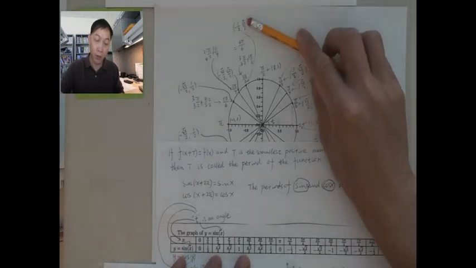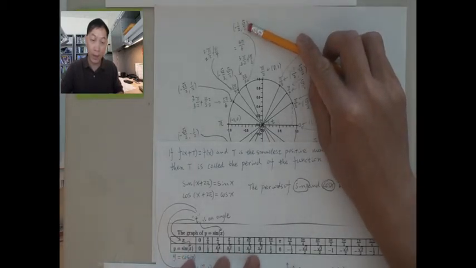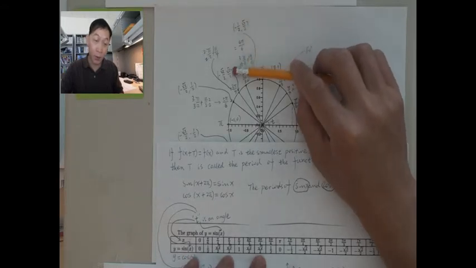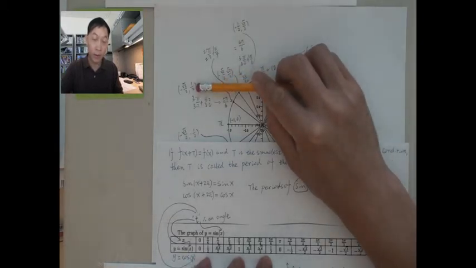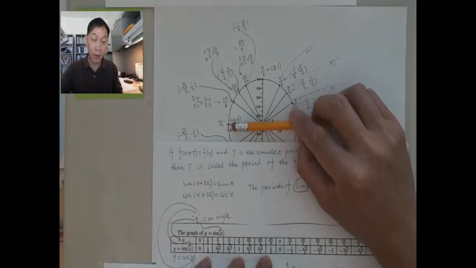Radical 3 over 2, okay, and then radical 2 over 2, that's y coordinate, and then 1/2, and down here on the x-axis, y coordinate is 0.